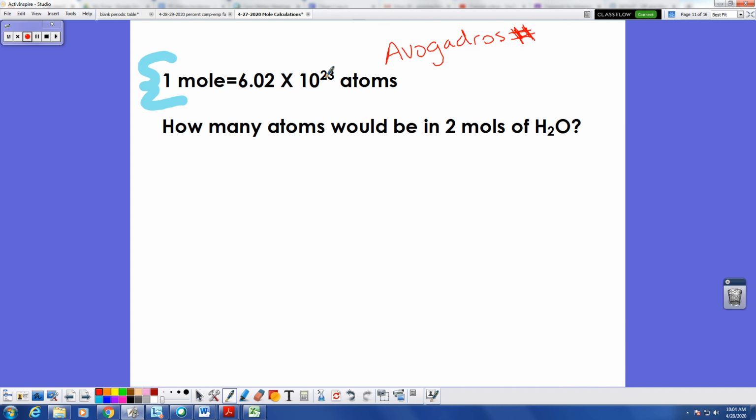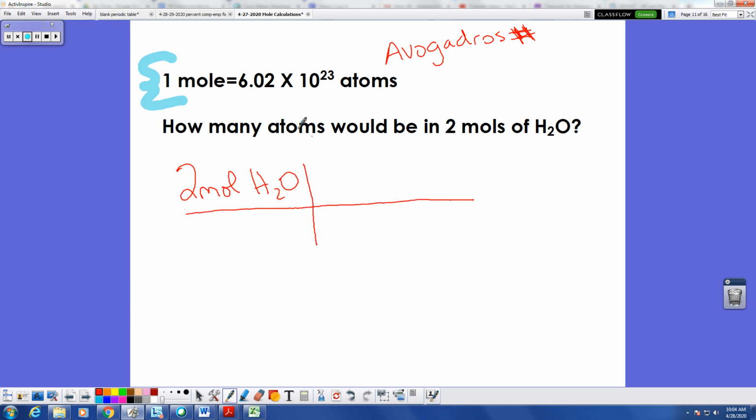Okay, the grams is based off of the molar mass, but the atoms is the same no matter what it is. Okay, so we're going to do dimensional analysis again. We're going to start with what we're given, 2 moles H2O.